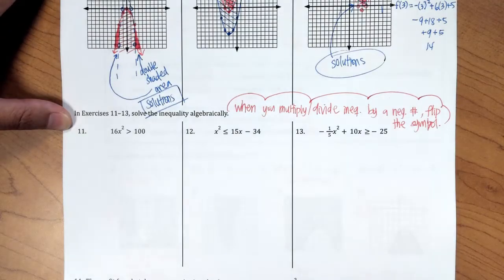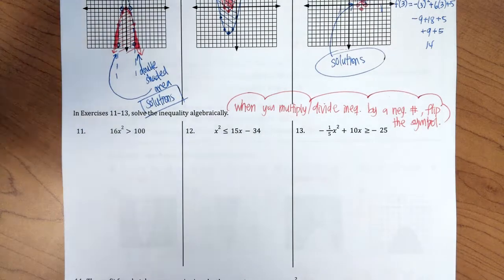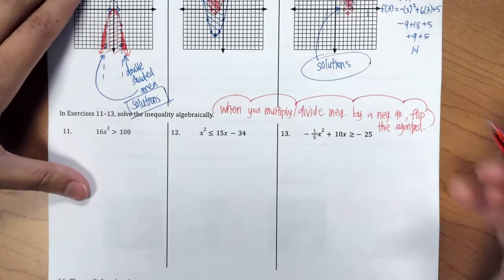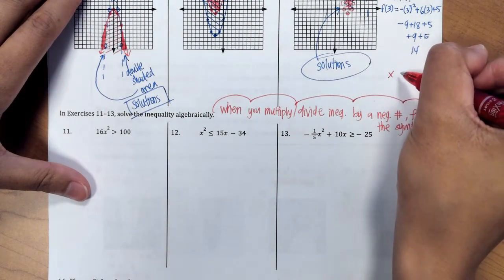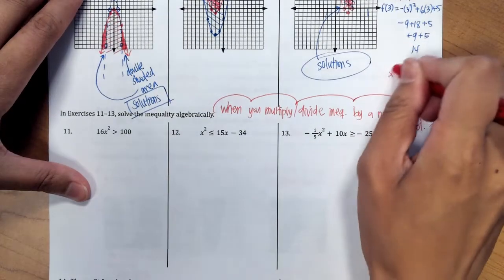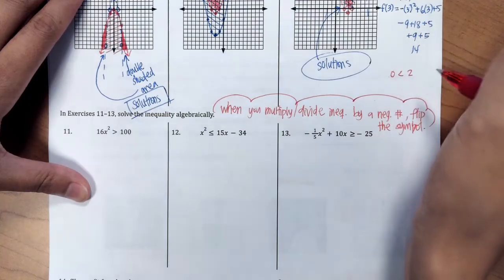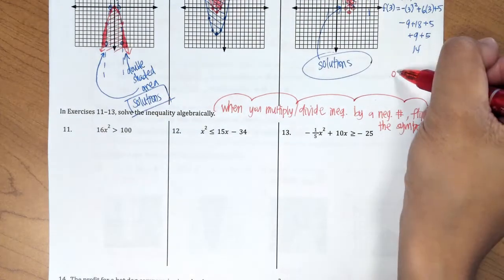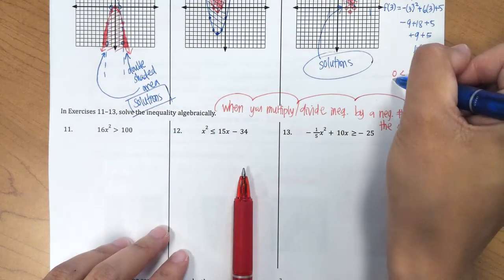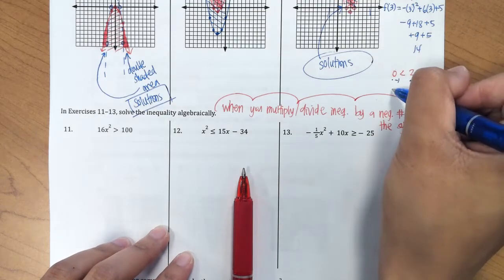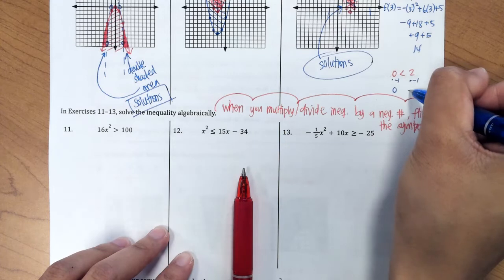And why is this? I can show you on the side. Let's use some actual numbers. Let's say 0 is less than 2. If I multiply by negative 1, the numbers I now get are 0 and -2.